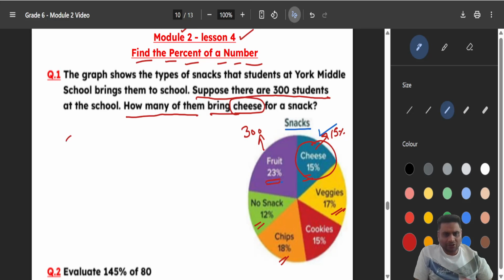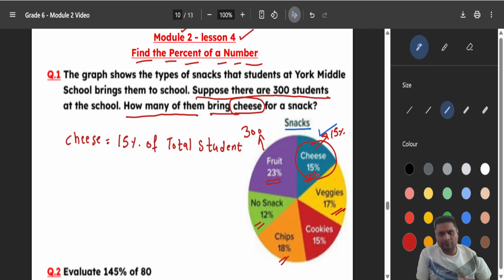So the cheese snacks are 15% of the total students. So 15% of the total, how many students are there? 300, correct?